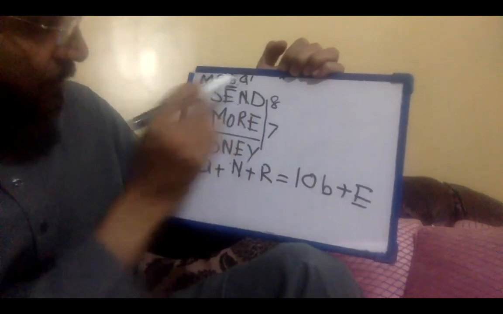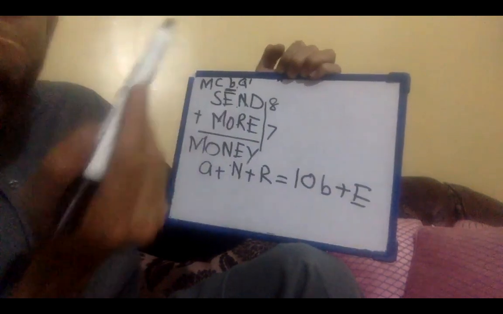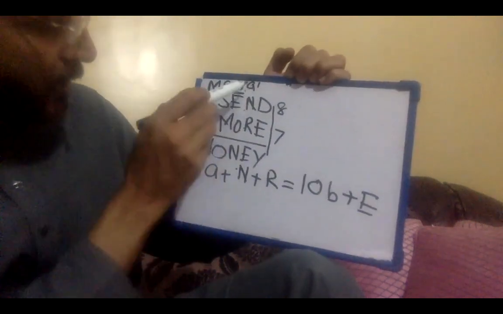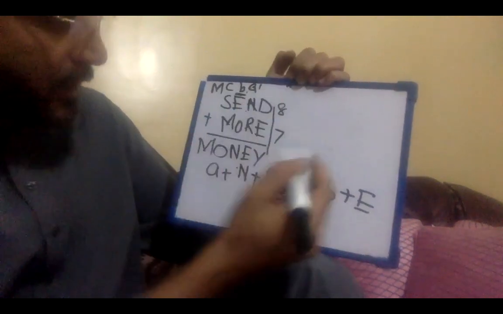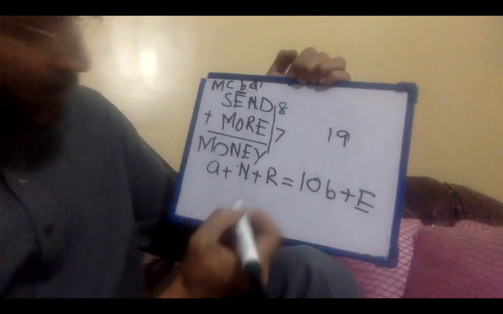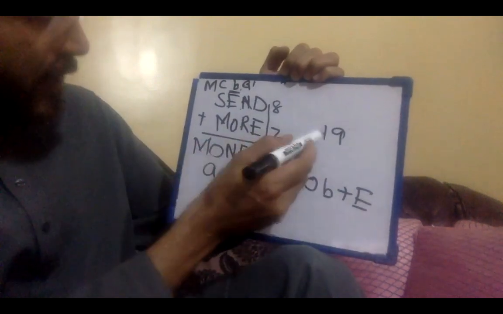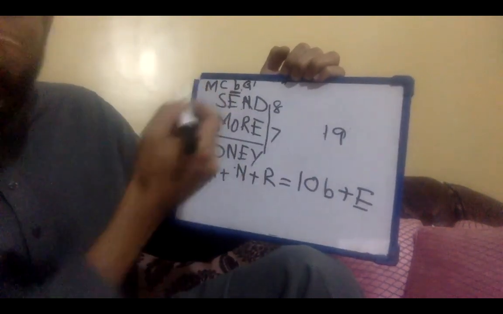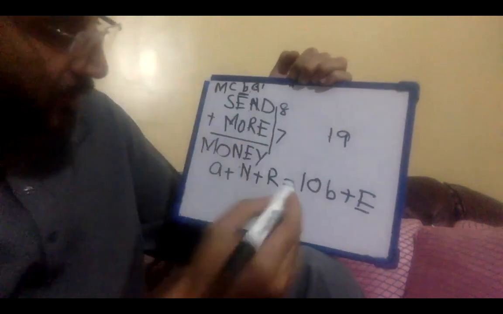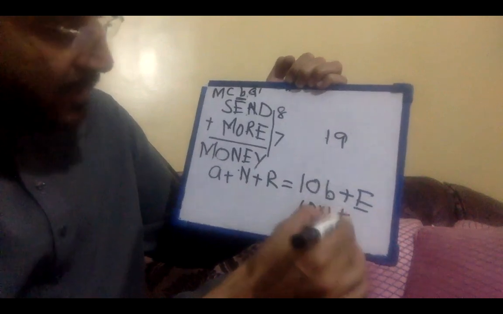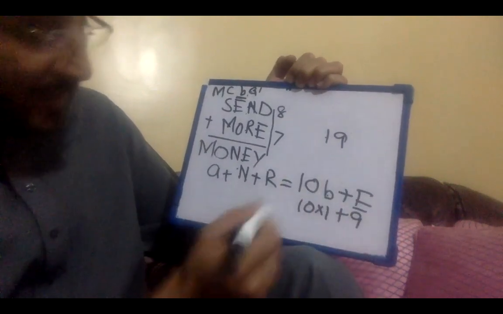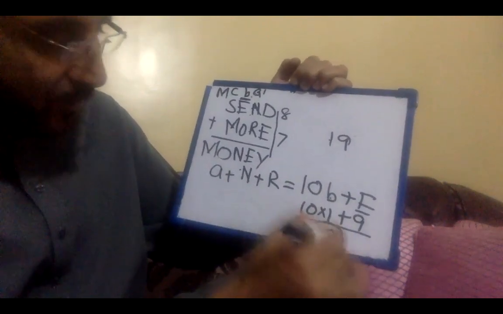If after summing these values in an addition problem you are getting 19, then you have to write 9 here, and 1 is the carry that you have to move to the next portion. So this is the 10, and the next carry plus E is your 9 here. That is equal to 19 actually.